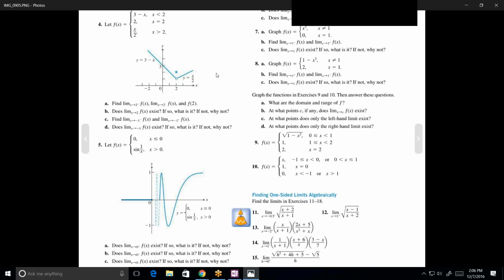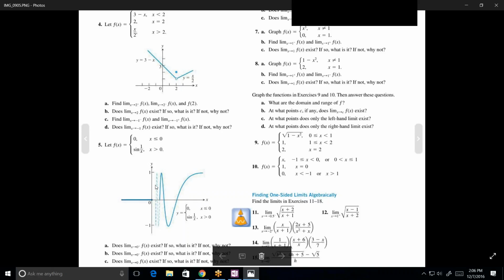This is a more interesting function. Notice that they cannot even draw the function because it oscillates so frequently, its period approaches 0. If you look at this function here, it oscillates, but it starts oscillating really quickly.